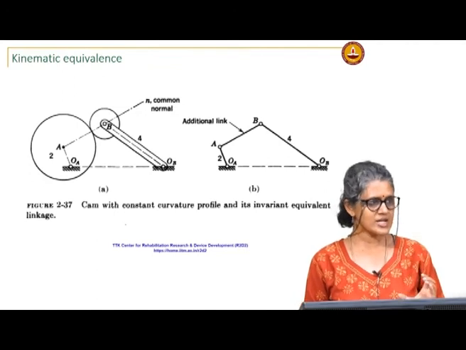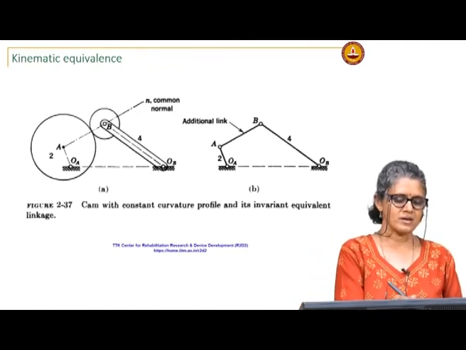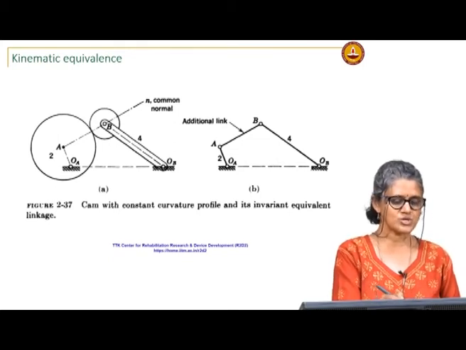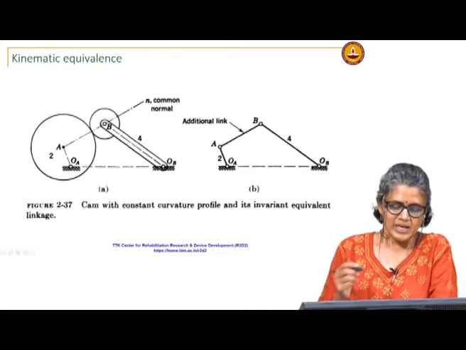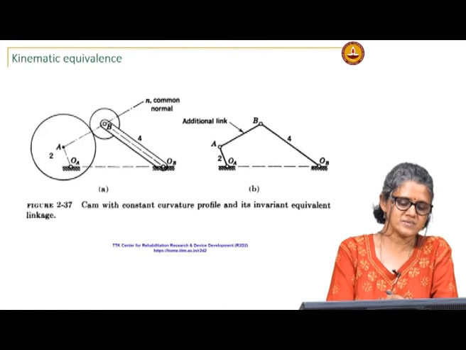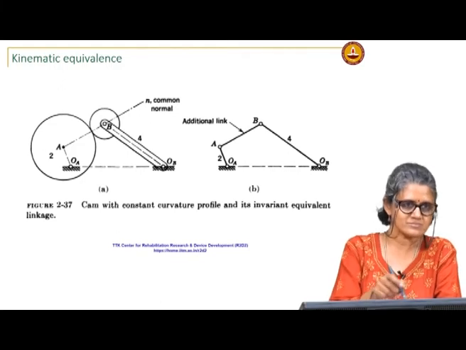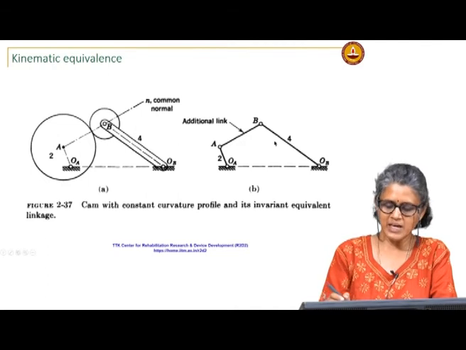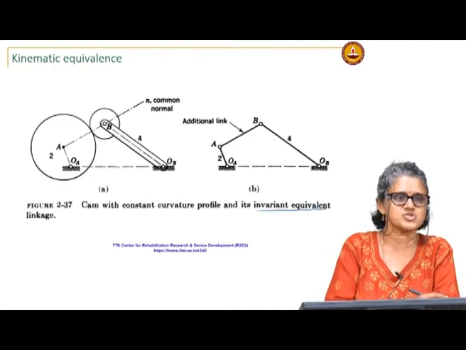In a few cases, so here is a cam follower system but it uses a circular cam, okay, which is just pivoted with an offset, right. So, in this case, because the centers of curvature do not change throughout the motion, this can be represented by an invariant equivalent linkage.